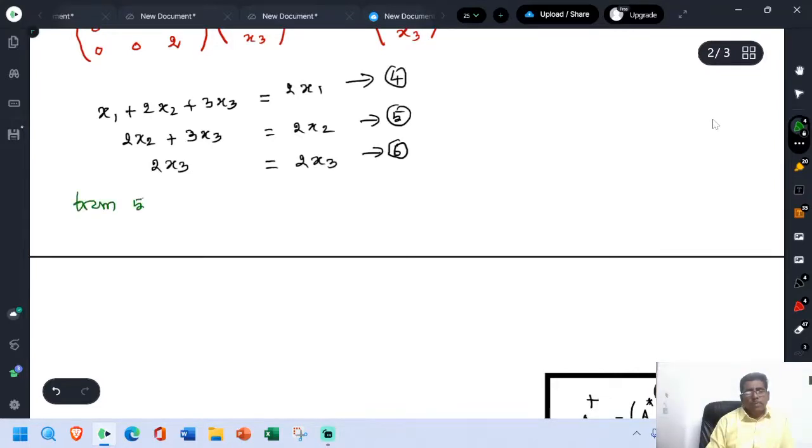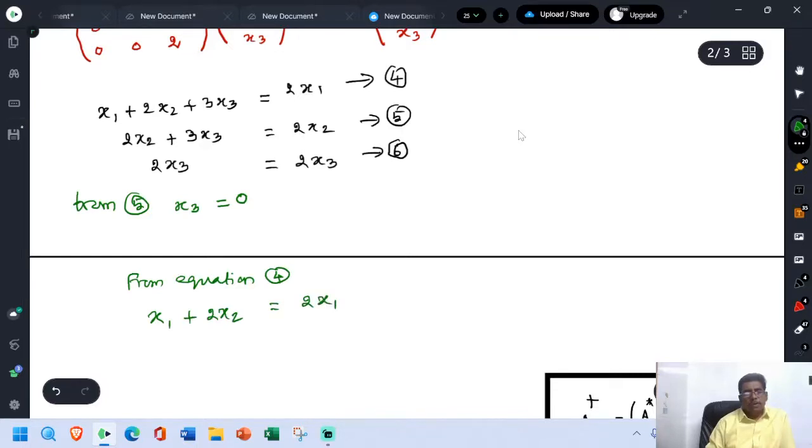From 5, x3 equal to 0. Then come to equation 4. From equation 4, x1 plus 2x2, then the value of x3 is 0, which is equal to 2x1. So 2x2 equal to x1, we have this condition.